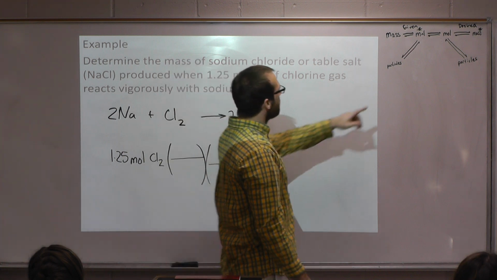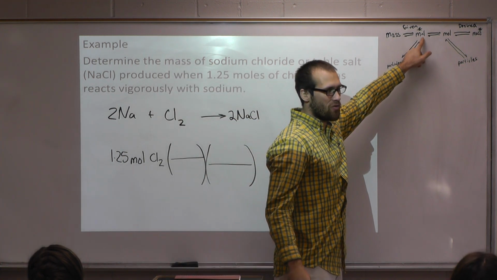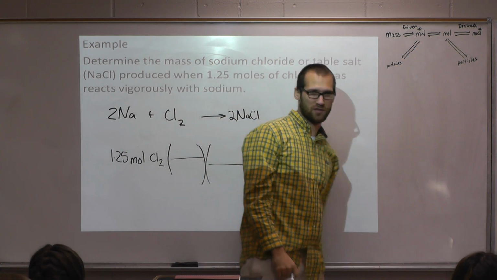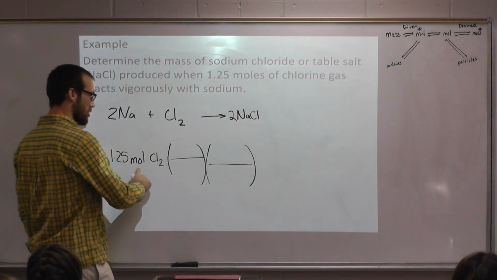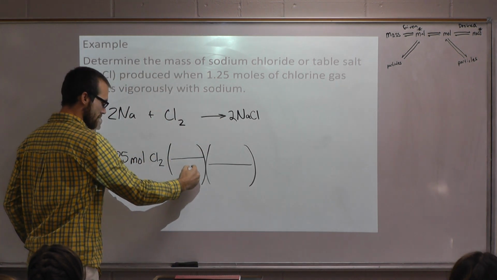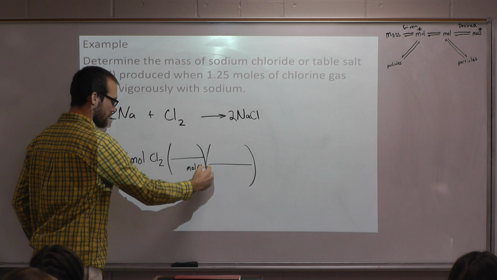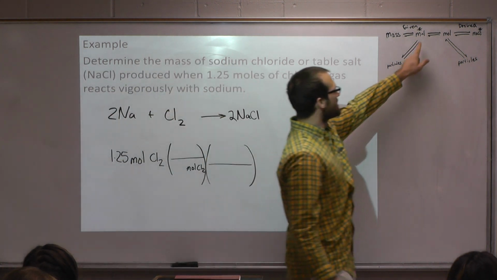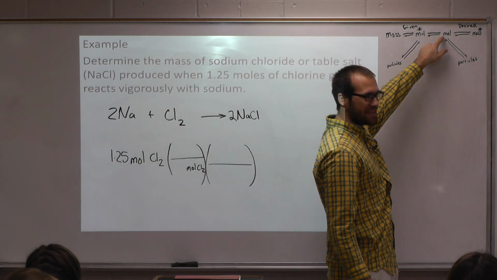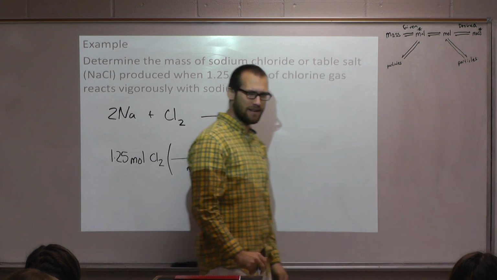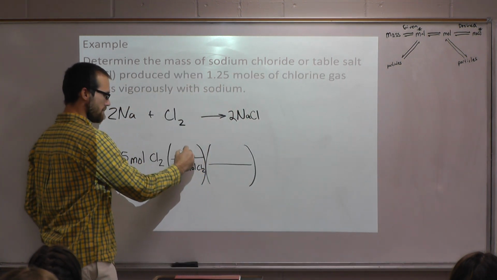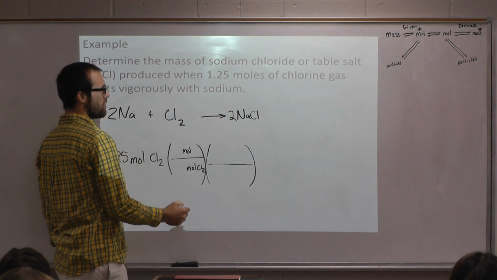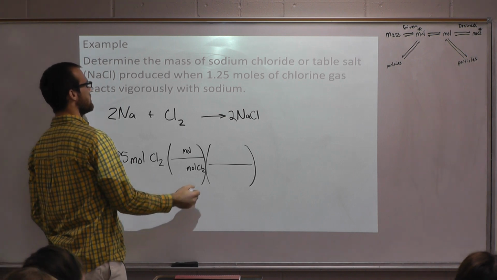However, you gotta cancel out where you started, which is moles of my given. So I cancel out this to get to this, so on top I should put what? Moles, and what's the desired? So what is the desired moles? 2 NaCl.